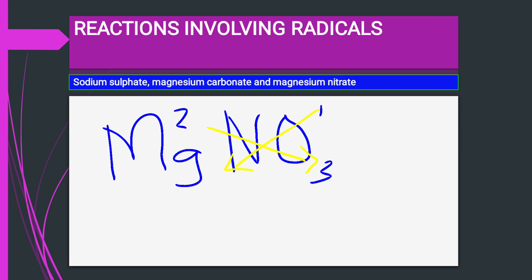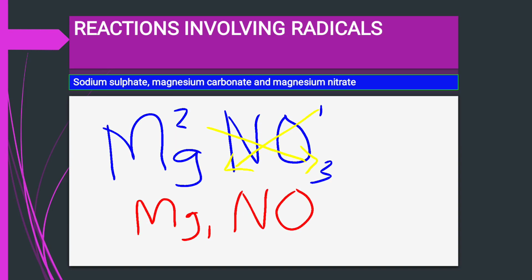Now note that when this 2 comes down here, it will be multiplied by all the nitrates that we have. Or in simple terms, we will have magnesium. We carry this valency and we write it here, followed by nitrate.